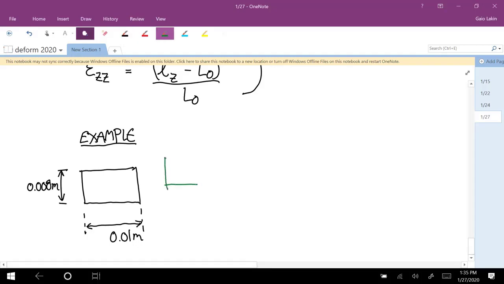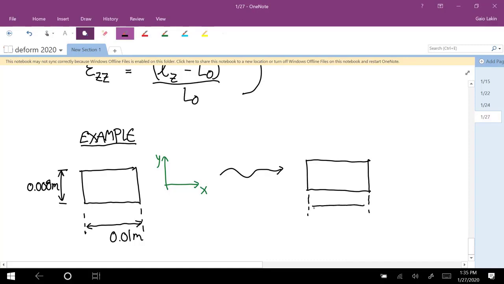And I'm using the coordinate system that we're most used to. And then after the deformation, it's gotten longer in the x direction and shorter in the y direction. So let's say in the x direction, this is now 0.011. And in the y direction, this is 0.007 meters.